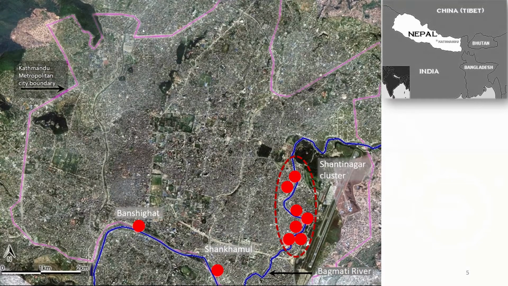This purple line is the boundary of Kathmandu metropolitan city, and these red dots are the locations of my case study settlements situated along the Bagmati river. This blue line indicates that river, and this is the largest river of the city. And these yellow dots are locations of other informal settlements in the city.